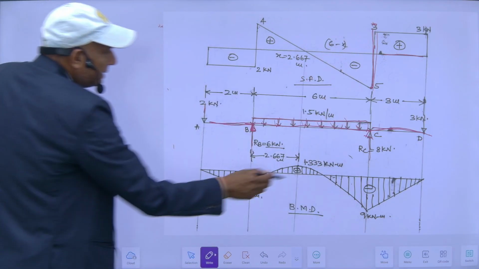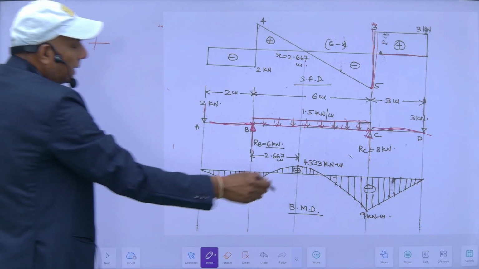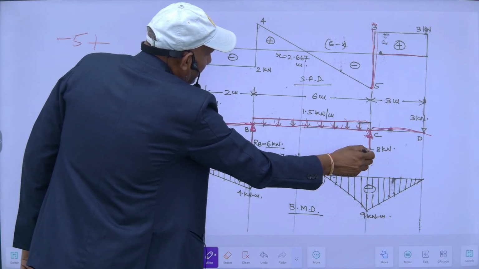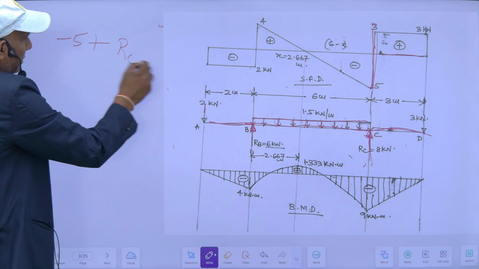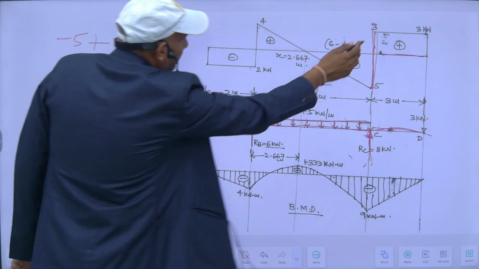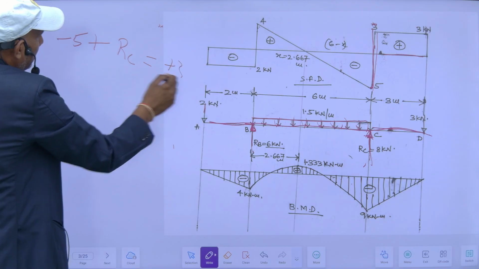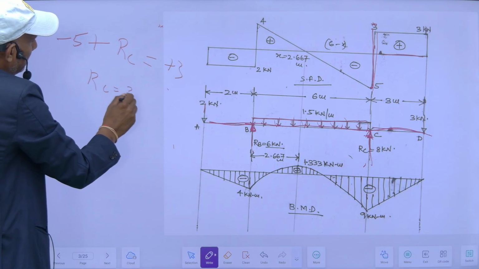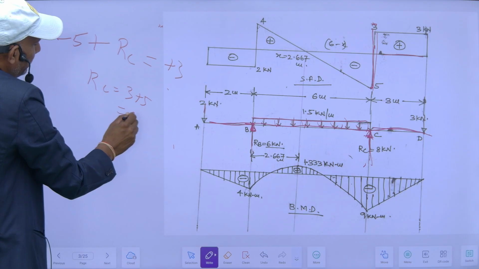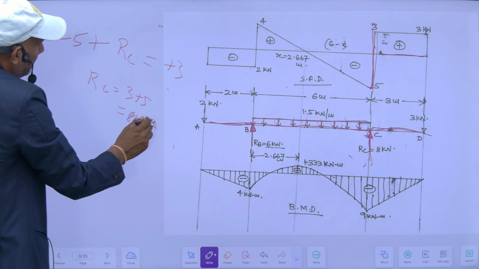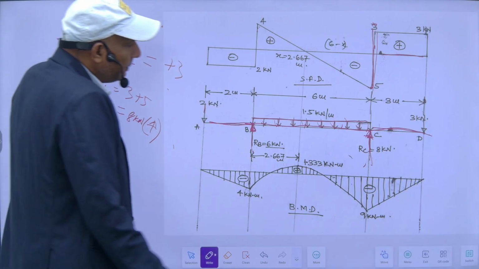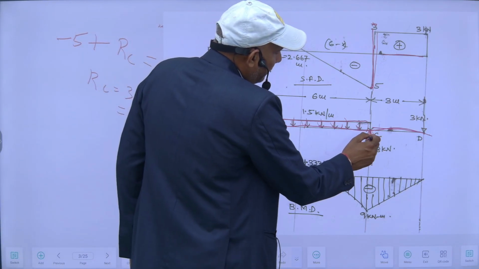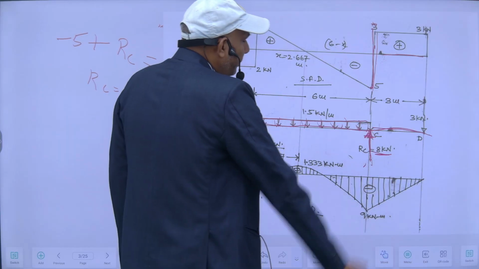If I add this RC, the upward vertical reaction, in this minus 5, then it will become plus 3. It means RC is equal to 3 plus 5, is equal to 8 kilonewton upward. So there is an upward reaction of 8 kilonewton here.